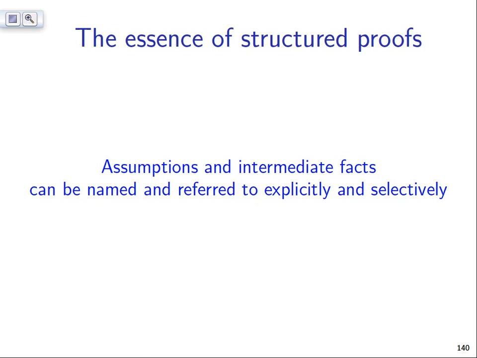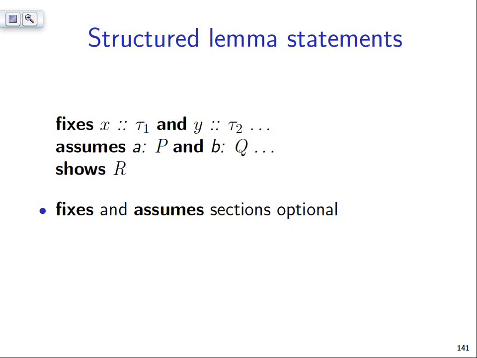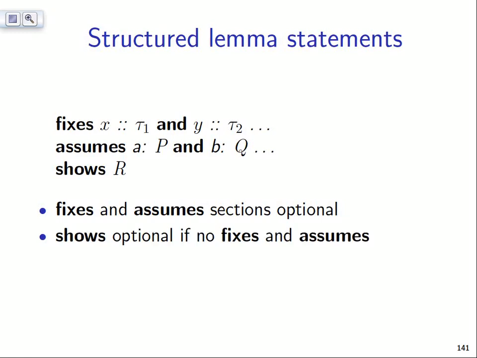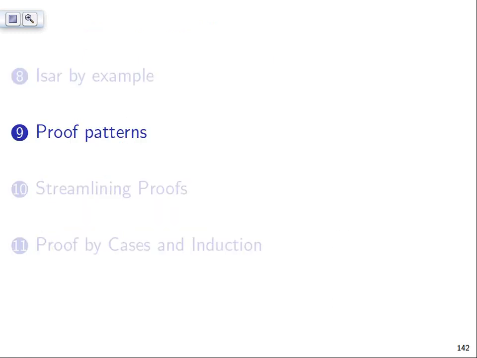On the other hand, here you can name the assumptions, then you can say, oh, just use assumption 5 and 7 and then prove something from it, and then it'll be much more goal-directed and the automation will be less confused. And this is the general form of the structured lemma statements, but I don't need to go through that here.